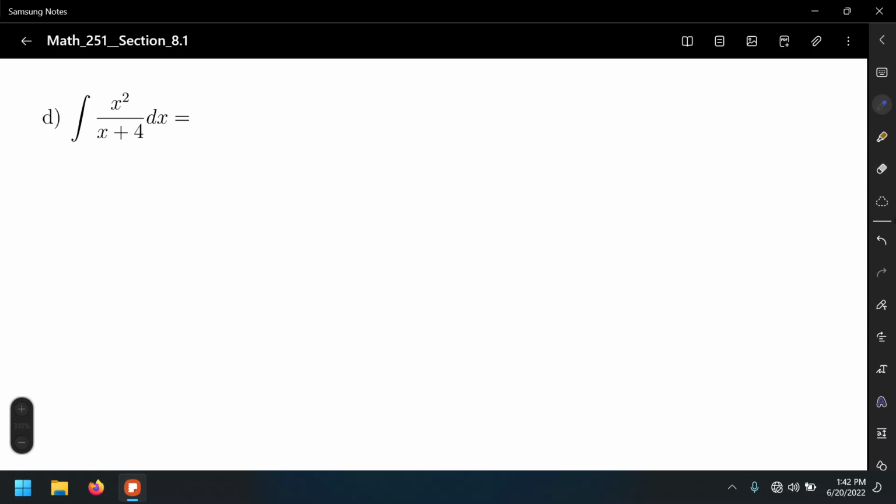Okay, let me take a little side trip here. Let's go ahead and do the polynomial long division. X plus 4 is the divisor, and I'm going to have x squared. But notice in this case for the x squared, we have in a way missing terms, right? So let's summon those terms, have them a 0x and a 0.